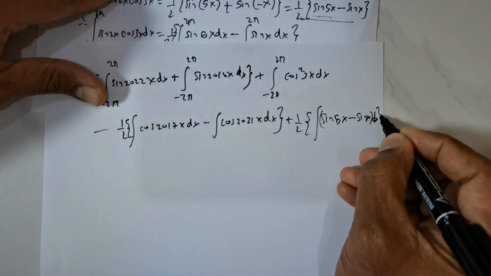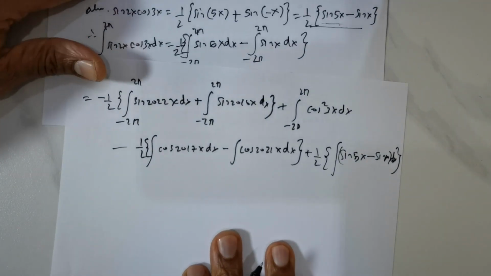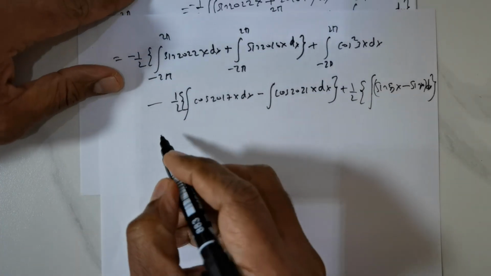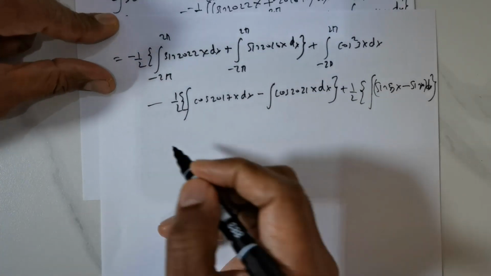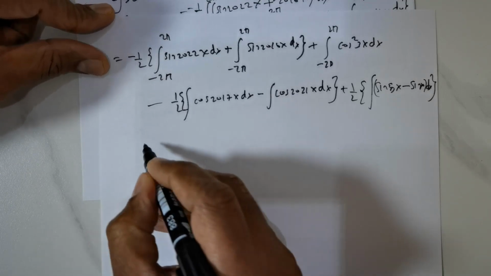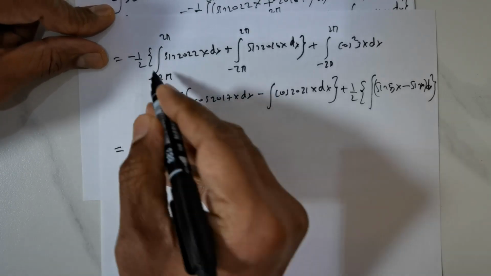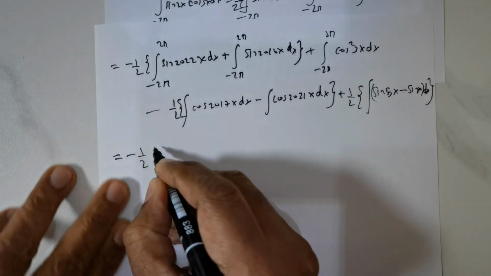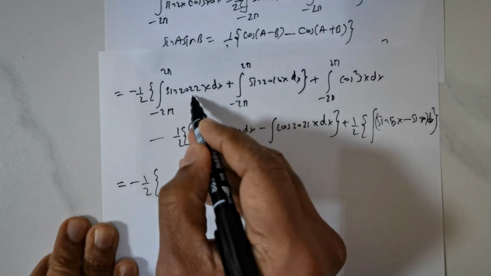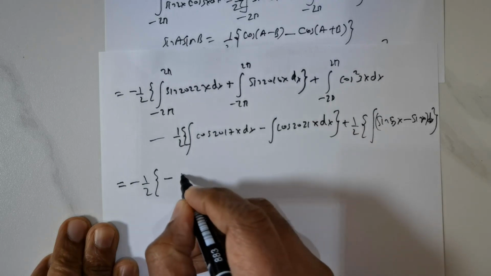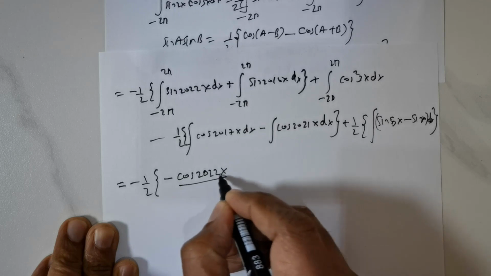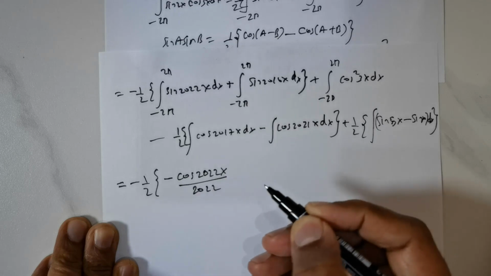Okay, now I need to split it and see what I'm getting. I don't think I can cancel anything. Nothing is getting cancelled, so you have to integrate this. So this is going to be negative 1 over 2 integral. Now sine will give me negative, so it's going to be cos of 2022x, coefficient of x is 2022.